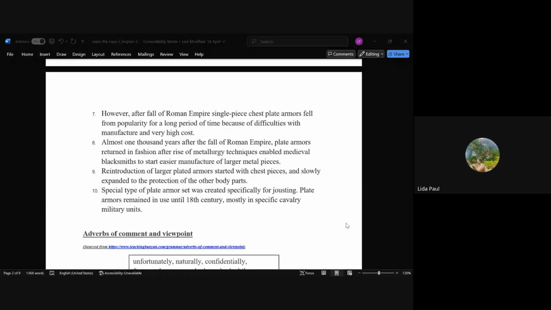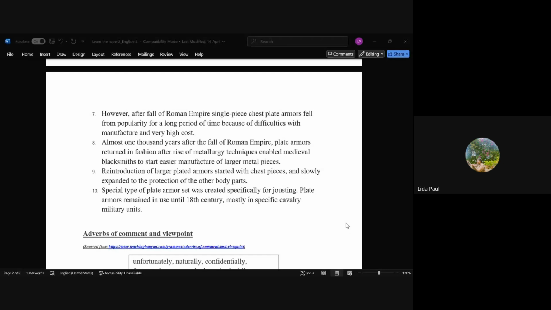Eighth one. Almost 1,000 years after the fall of Roman Empire, plate armors returned in fashion after rise of metallurgy techniques enabled medieval blacksmiths to start easier manufacture of larger metal pieces. I think only one, right?